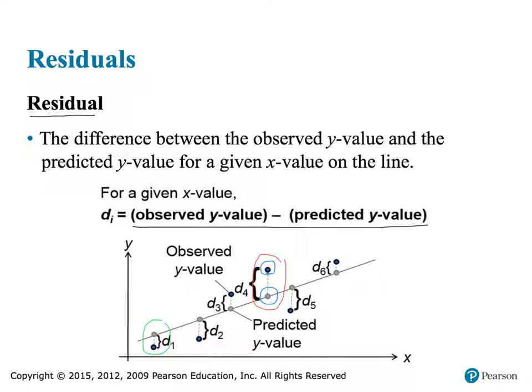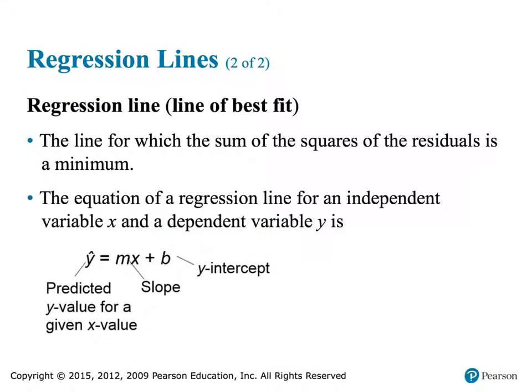So in this case, the line is over-predicting the value of y. You can see clearly, though, that those points aren't far from the line, so the error in the predictions doesn't appear to be that great. We do need to know that there will be error in the predictions, and that error is called the residual. So we want to learn how to calculate that line of best fit.